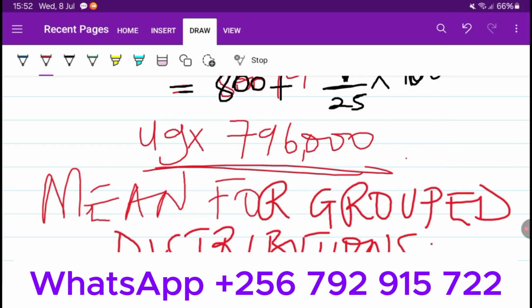We want to know how we can calculate the mean for grouped distributions, because sometimes a distribution is going to be very large, very large, and it varies.